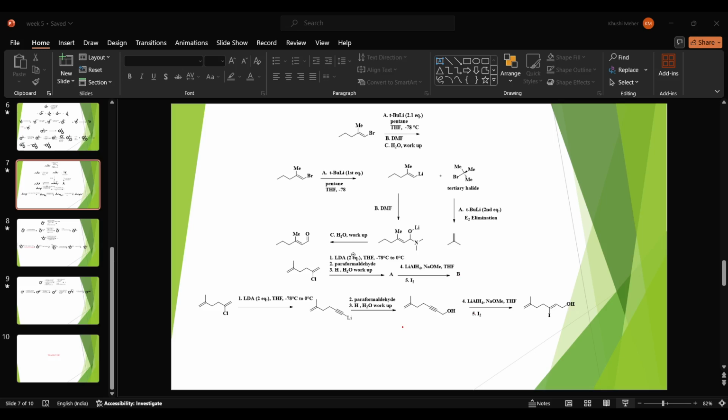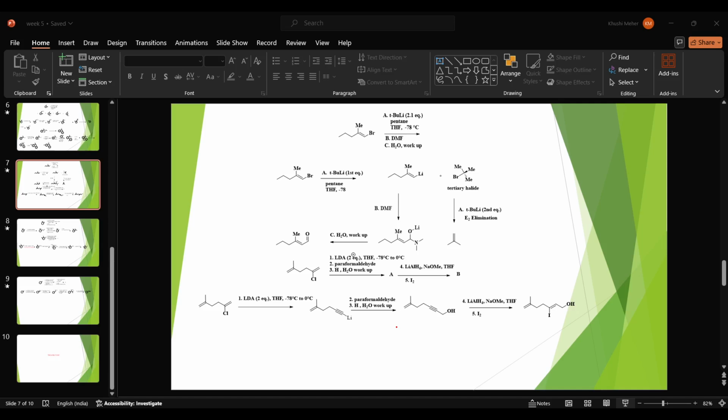Generally, lithium aluminum hydride won't reduce an alkyne, but if you have the propargyl alcohol, I told you during the reduction classes, maybe you remember or not, that it was the propargyl amine or the propargyl alcohol.